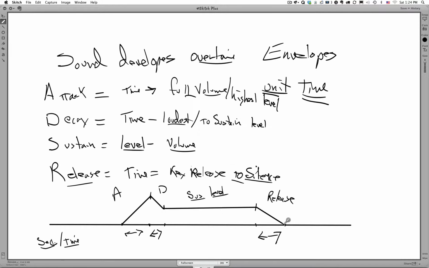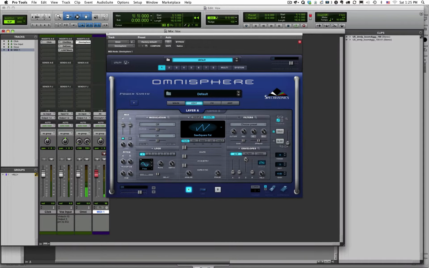All right, so let me demonstrate this to you real quick. No, it's not very pretty. It's a saw square wave, so a combination of a saw and a square wave. All right. Now here is our envelope.